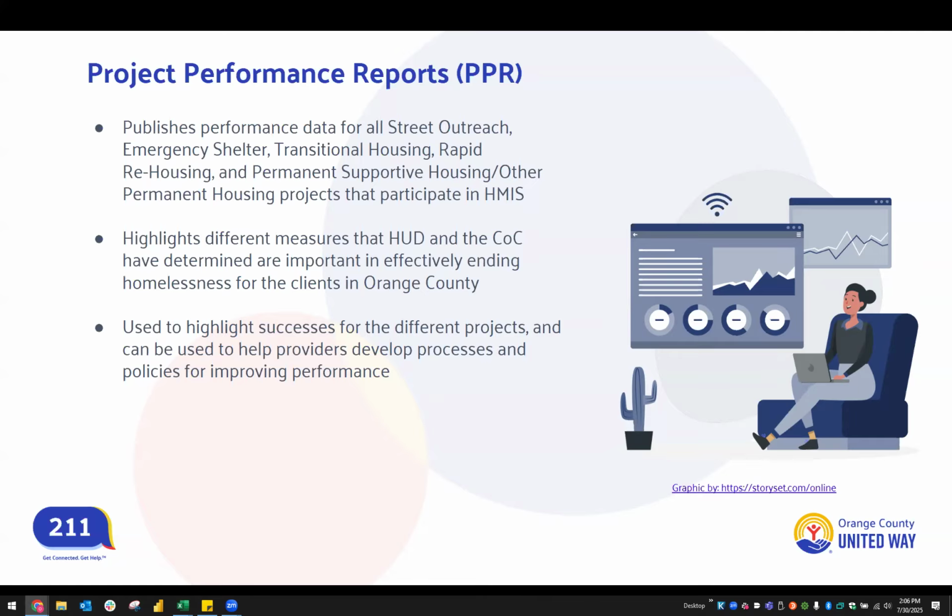It also highlights the different measures that HUD and our COC have determined are important in effectively ending homelessness in Orange County. And it's also used to highlight successes for different projects. This can also help providers to develop processes and policies for improving performance.